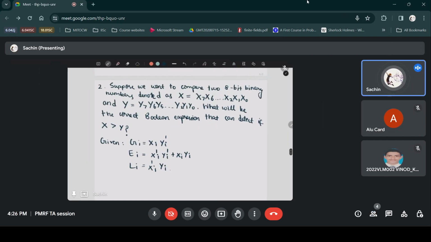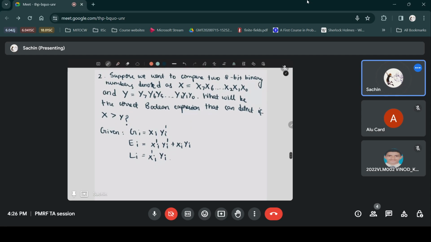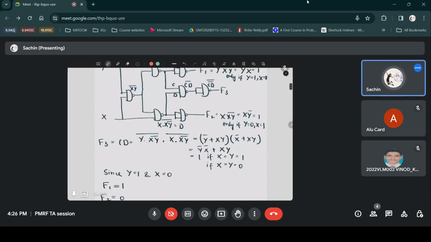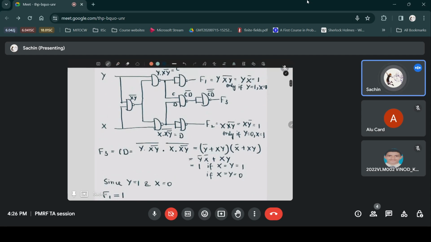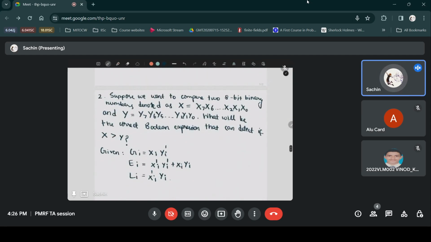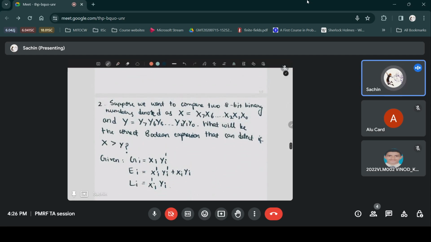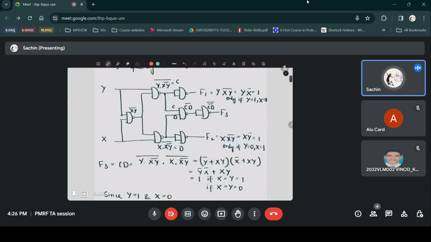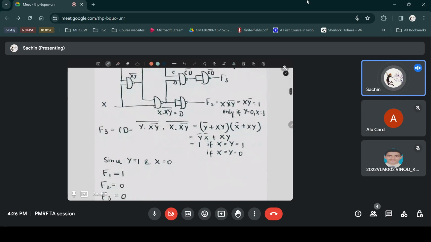And the solution is as follows. First, we have to note that gi is the function xi yi complement, which is same as f2 in the previous question, which checks if x is greater than y. Ei is the function xi yi plus xi bar yi bar, which is the same as function f3 in the previous question, which checks if x and y are the same bits.